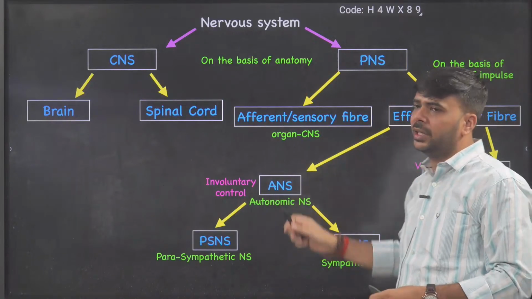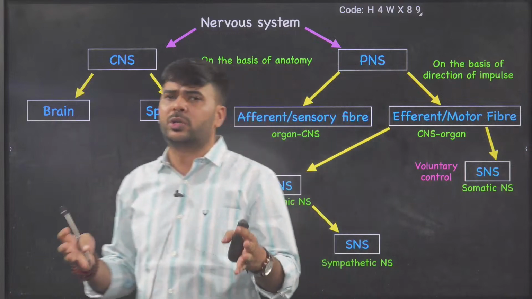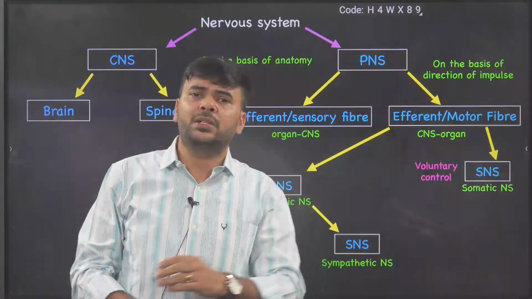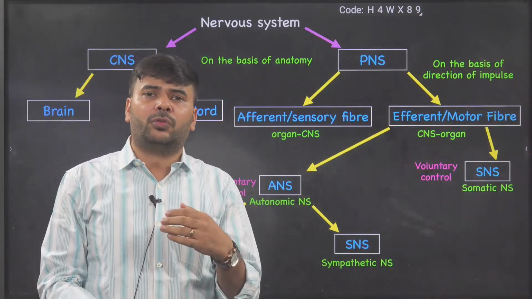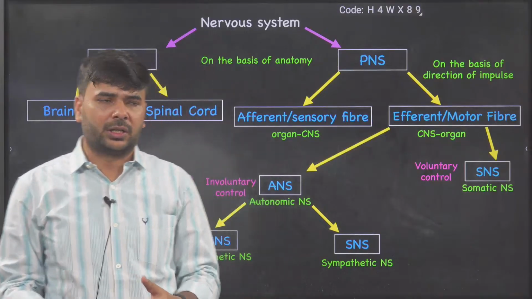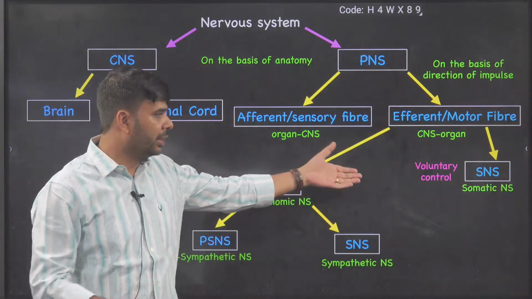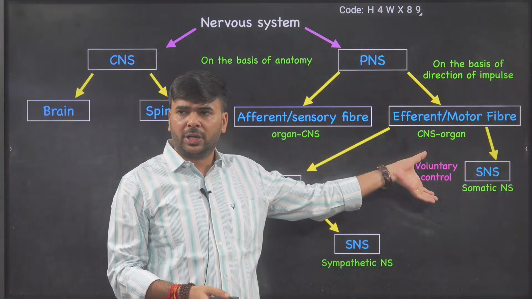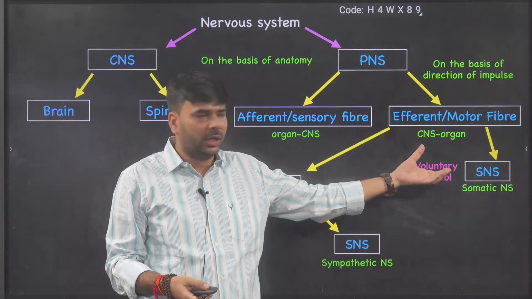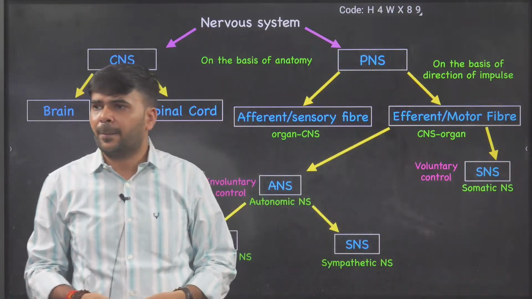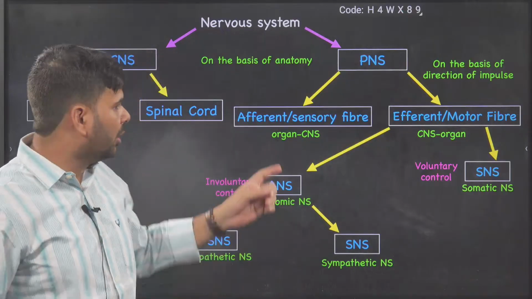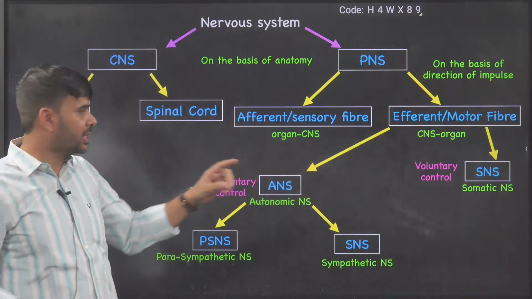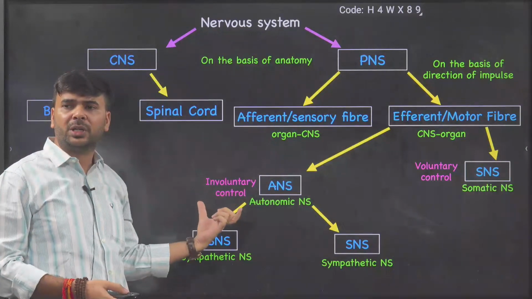Under efferent, again two types are there, based on voluntary control and involuntary control. First the voluntary control. Voluntary means under willing control. It is called SNS. We are revising, quick revision. SNS, somatic nervous system, and ANS, autonomic nervous system.